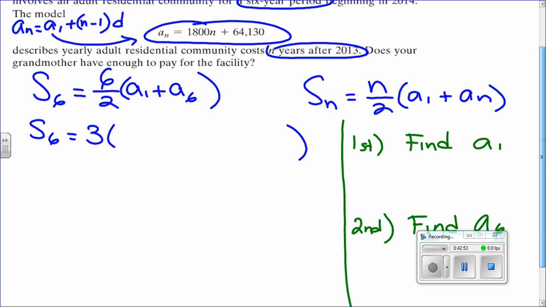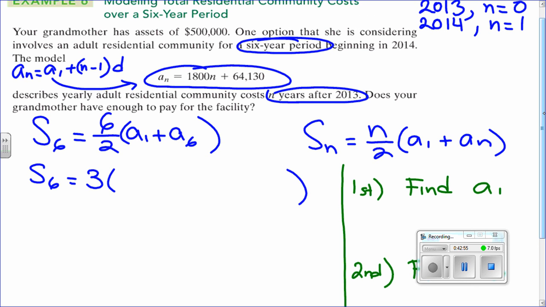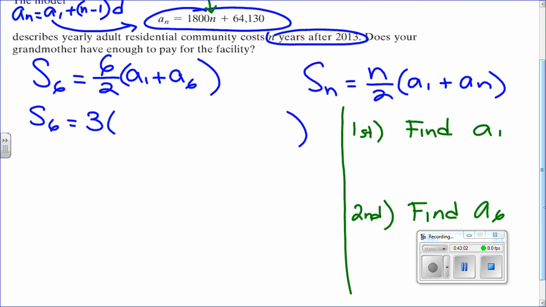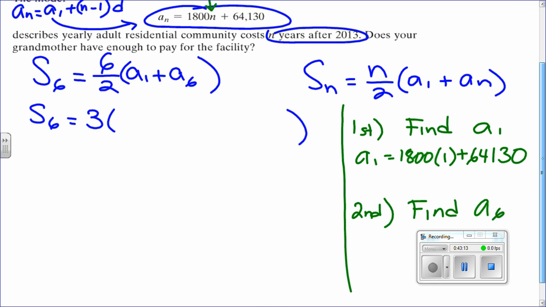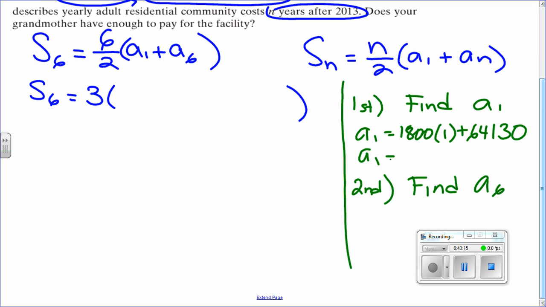If you already have a formula, just go ahead and use it. So you will be substituting here a 1 and then a 6. The first one will be 1800 times 1 plus 64,130. Then for the 6, we'll have 1800 times 6 plus 64,130.